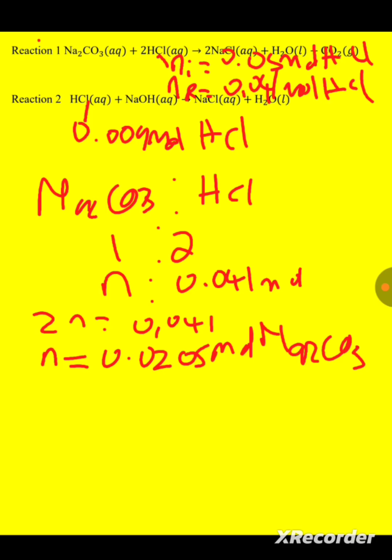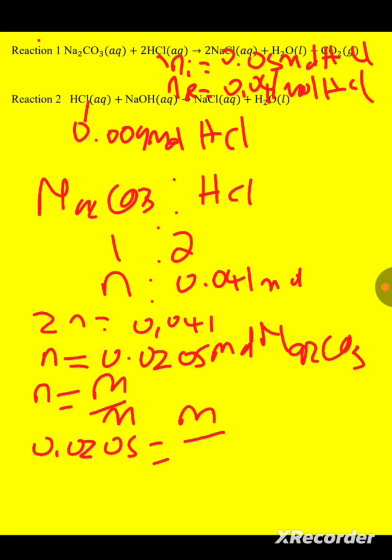Right. Now I must get the mass, which is the pure mass of sodium carbonate. The pure mass will be n is equals to mass over molar mass. 0.0205 is equals to mass over. In your calculator, you determine the molar mass of this substance.